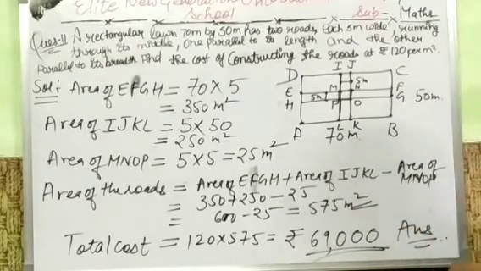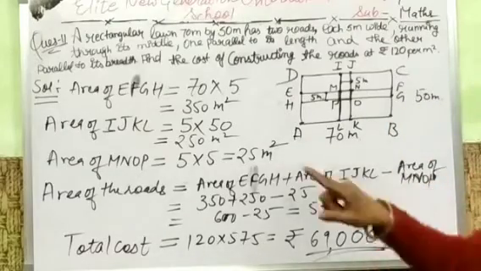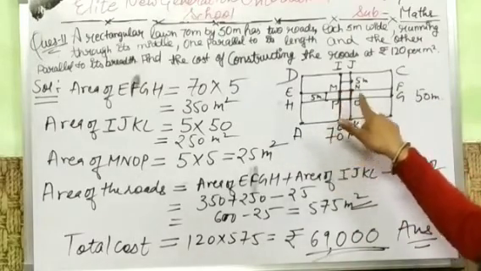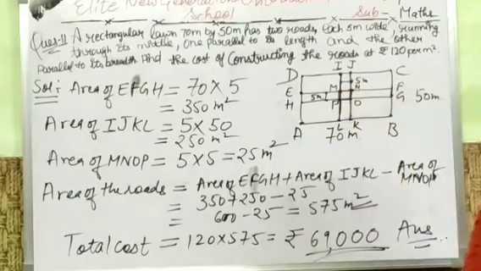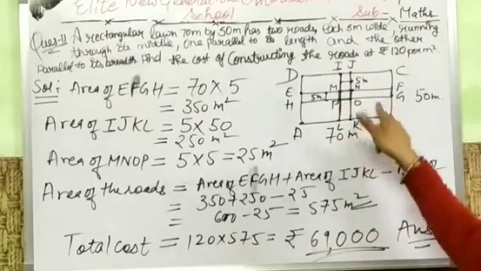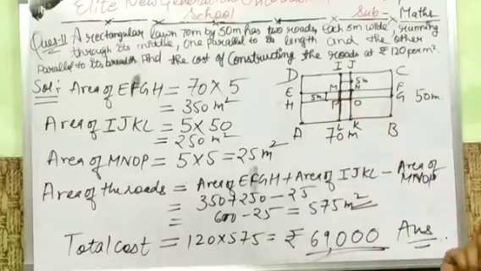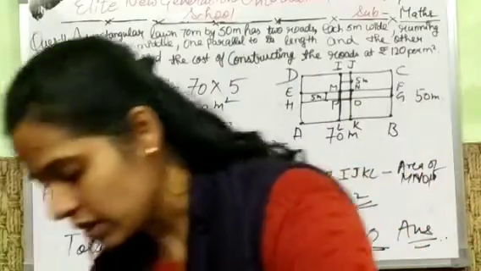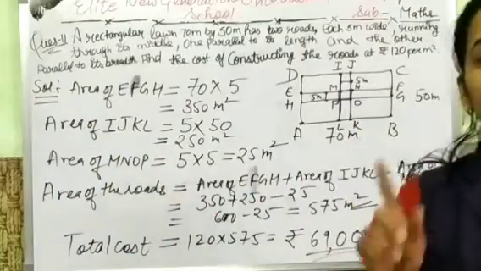This is the answer. This question is different from question number 1. Always remember, we have to subtract this common part from these roads. One more question is given like this, question number 14, part 2nd.